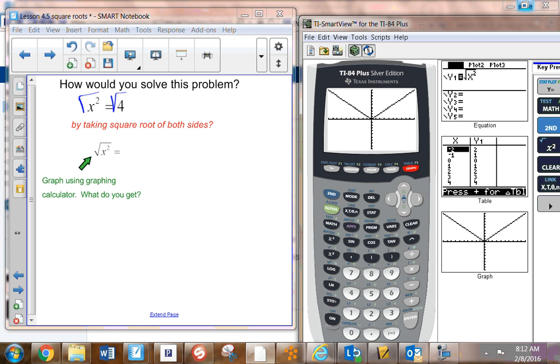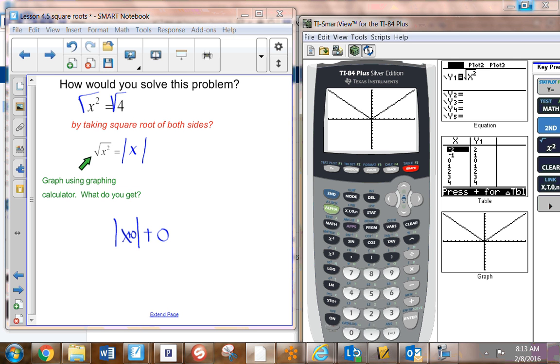What this really is, the square root of x squared is really the absolute value of x. That's really what it is. Because if we use our a, h, and k, it's a vertex of 0, 0, right? So really, the answer to the square root of x squared is the absolute value of x.